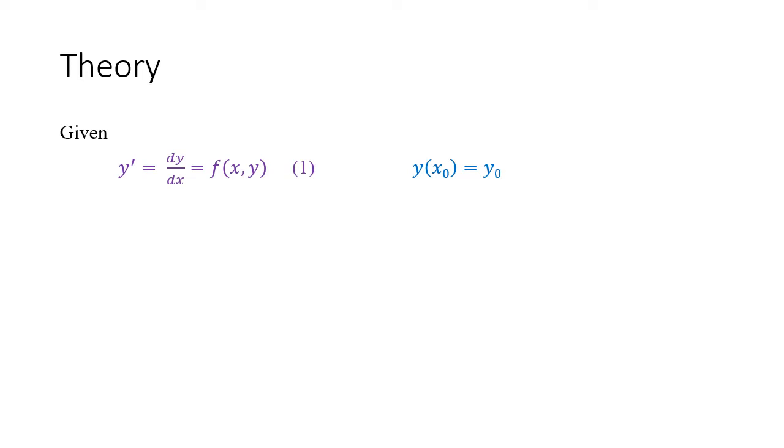We don't know how y is explicitly defined. Instead, we know only dy by dx, and that at x equal to x0, y is equal to y0.